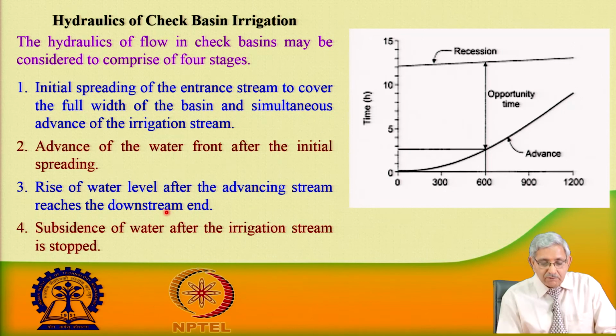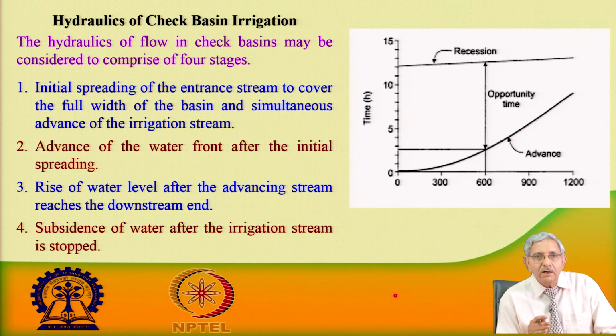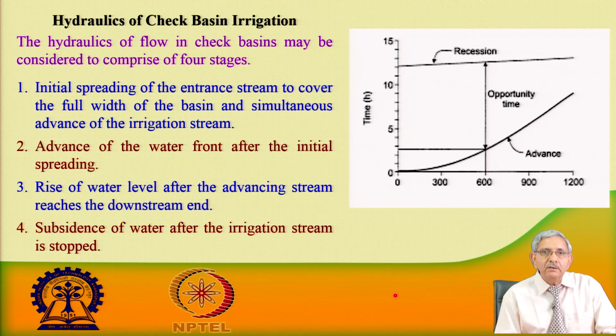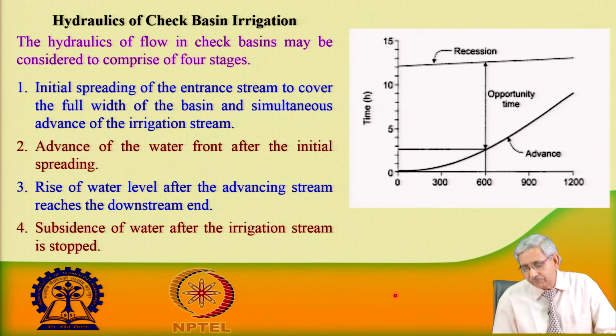Then comes the rise of water level. When the irrigation stream is continued for some longer time and has reached the downstream end, there will be a rise of depth of water. After the irrigation stream is cut off, subsidence of water level will take place. So, there are 4 phases.